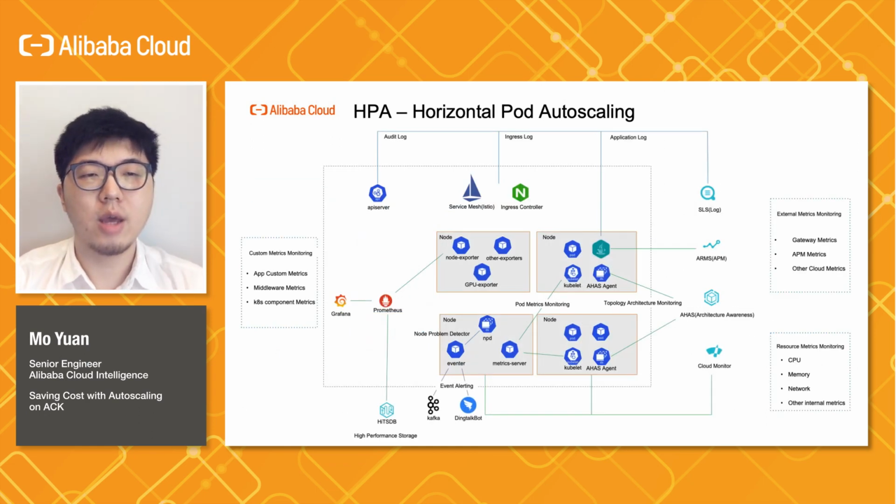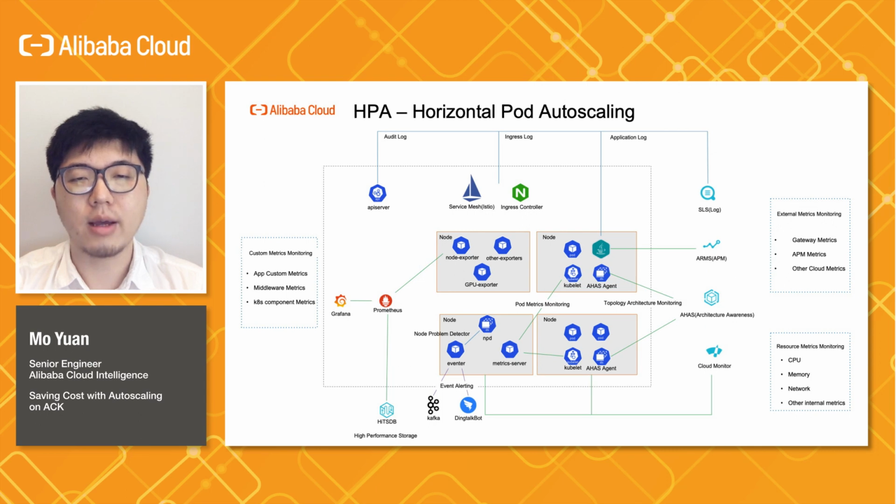In ACK, we provide all kinds of metrics based on a multi-dimension monitoring architecture. We have 4 kinds of monitoring cloud services for different application types. SLS is the log service. It can collect application logs, control plane logs, and gateway logs. ARMS is an APM cloud service for application performance tuning.